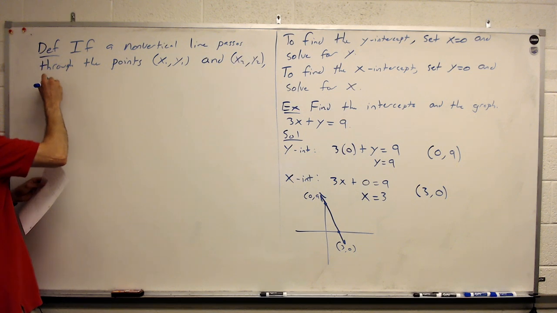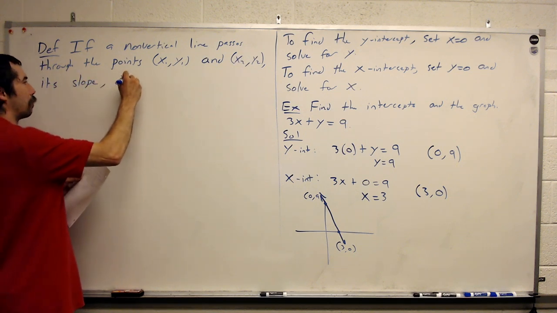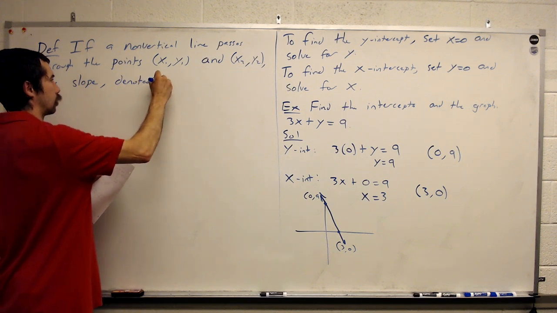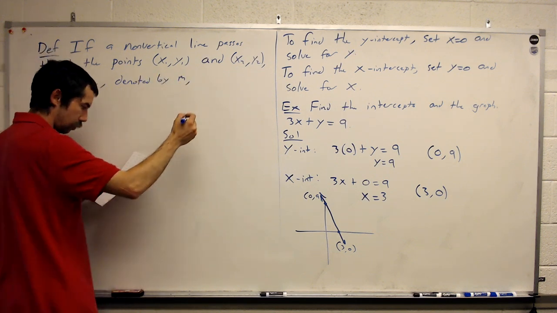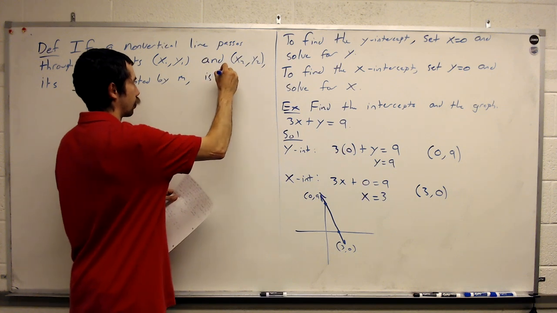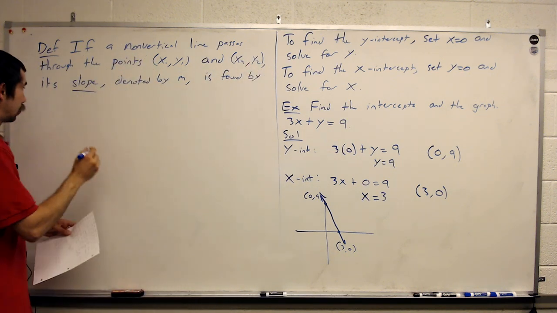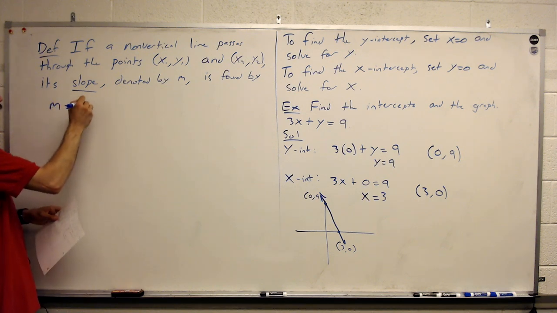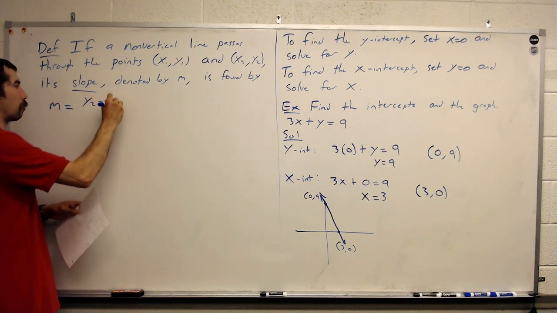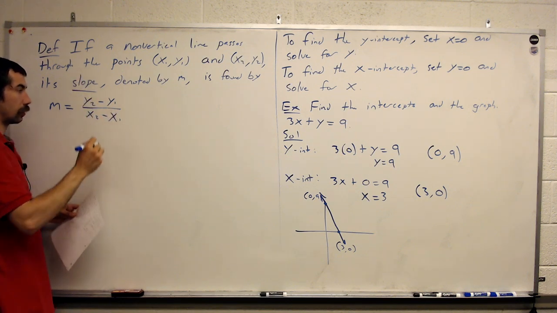Its slope, which we denote by m, is found by m equals (y2 minus y1) over (x2 minus x1).